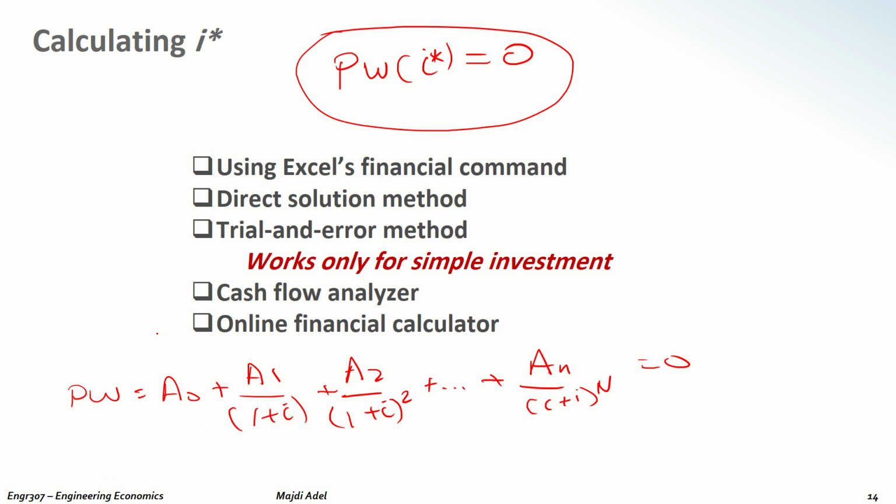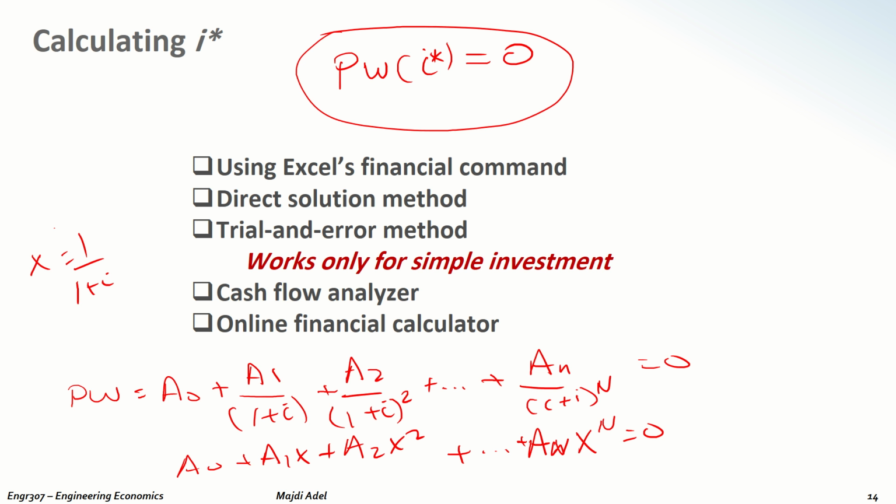This is a polynomial. Let us assume that x equals 1 over 1 plus I. We will have A naught plus A1 x plus A2 x squared plus An x to the power n equals 0.